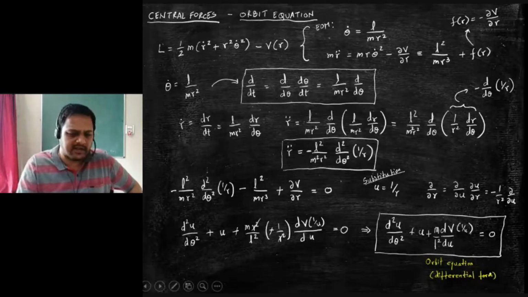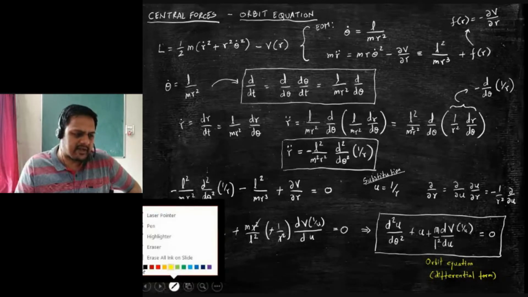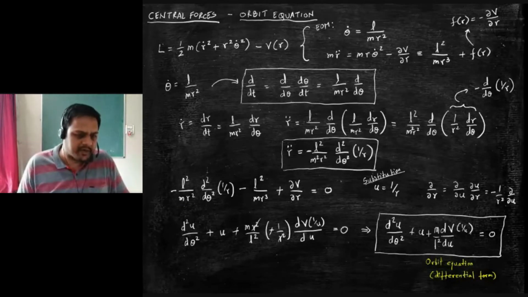We can also write a similar equation in integral form, just as we had written the expression for r, the explicit integration for r. Similarly, one can write an expression for r as a function of theta also. We'll come to that in a moment.